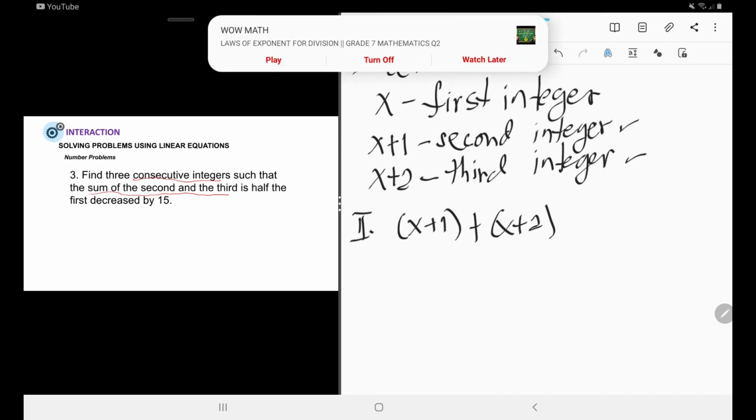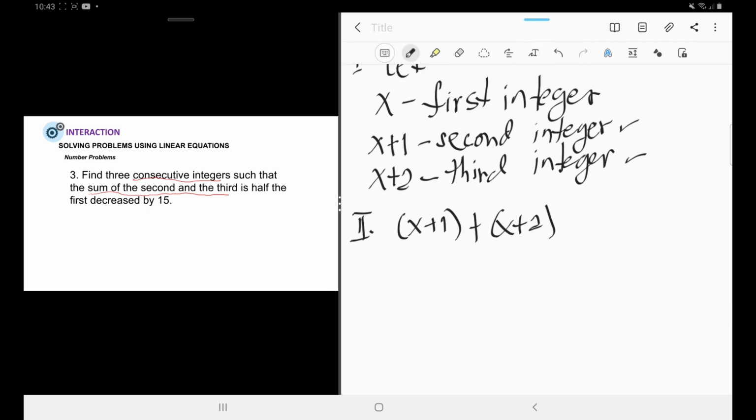So sum of the second and third integer is half the first decreased by 15. So half the first is 1 half x, and decreased by 15 is minus 15. So our equation is x plus 1 plus x plus 2 equals 1 half x minus 15.